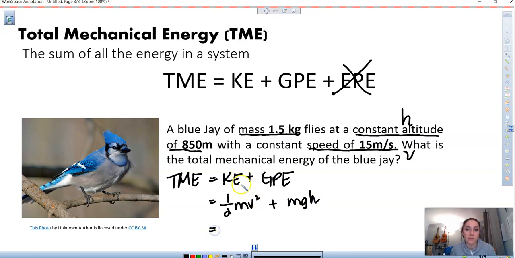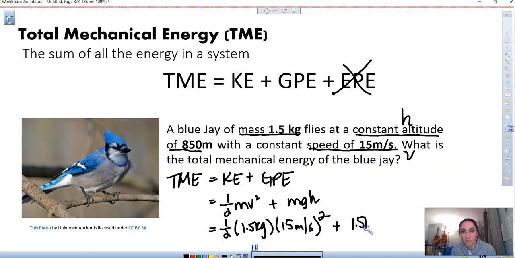Basically I just redefined it in terms of their equations, so I get 1/2 m v squared, where v is 15 meters per second, squared, again a common thing that people mess up, with mass 1.5 kilograms, plus m g h, 1.5 times 9.81 times 850, sorry about that, I ran out of room.